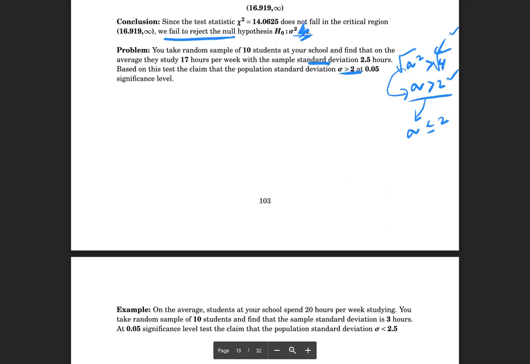Any questions? So you're testing here once again sigma greater than 2, that's the alternative. The null is sigma less than or equal to 2, so you will not reject the null hypothesis. That's the conclusion here.